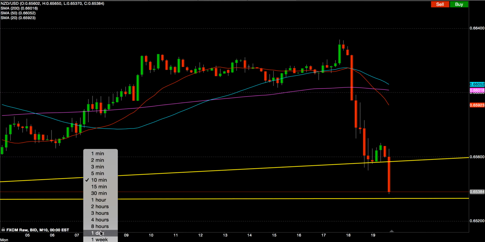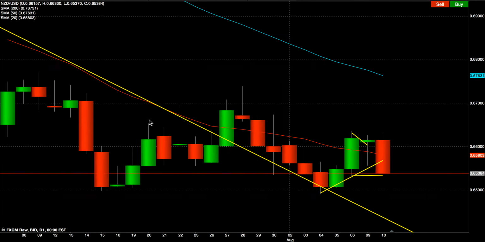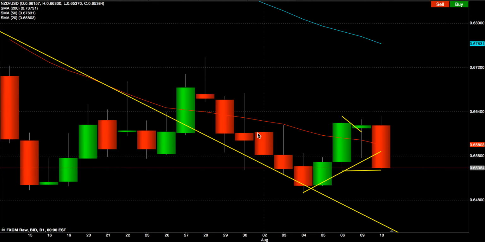Let's take a quick look here at the daily chart. One thing to keep in mind is as long as the New Zealand dollar does not make a new low, or I should say, as long as today this doesn't make a lower low than this candle here, this is still bullish.